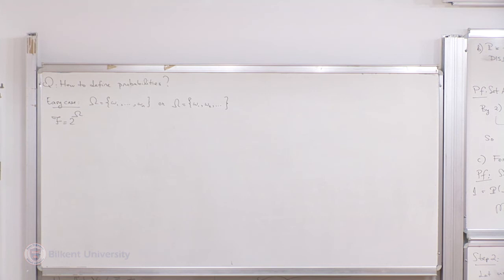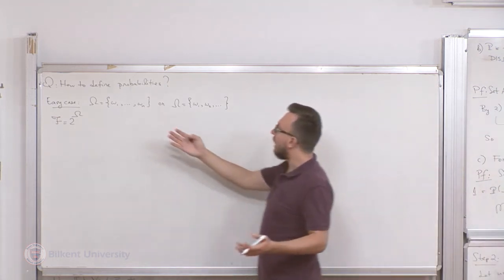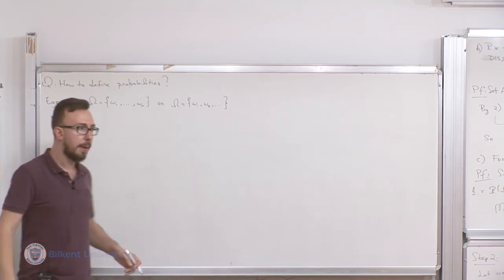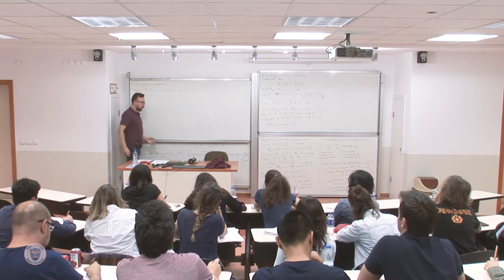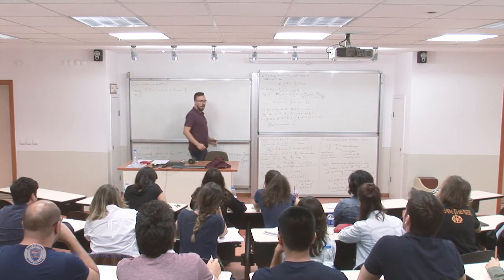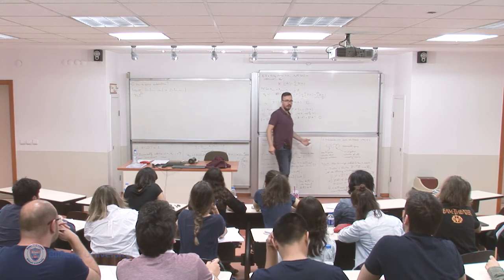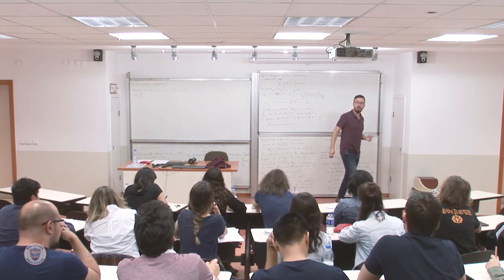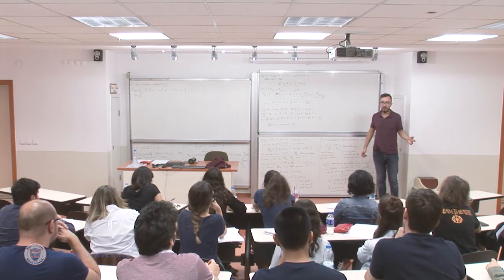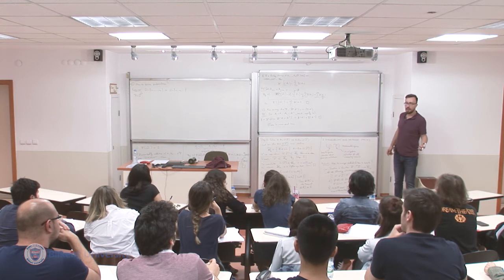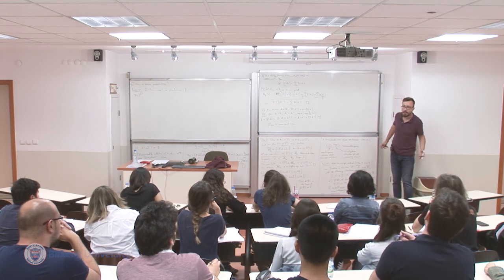Just take any subset, it's an event. So no worries about the properties of sigma algebras and so on. That's what makes probability spaces on finite or countable spaces easy. So how should we define probabilities? How can you define the probability of an event? What do you need to say? What do you need to specify to define a probability measure? A function? So how do you define this function?